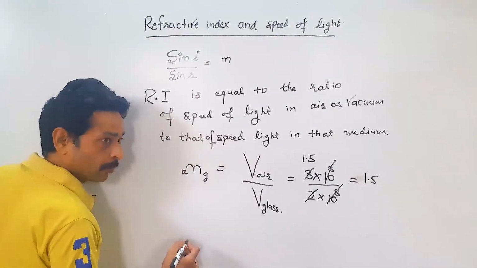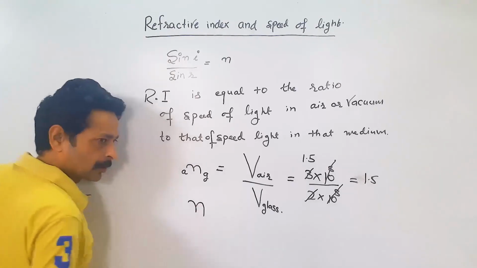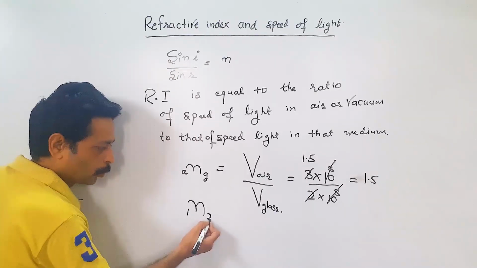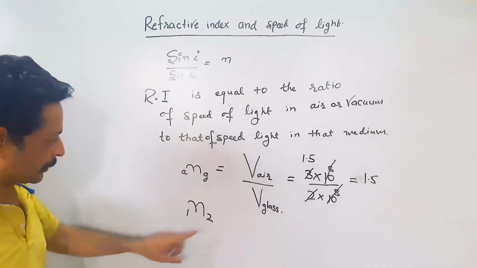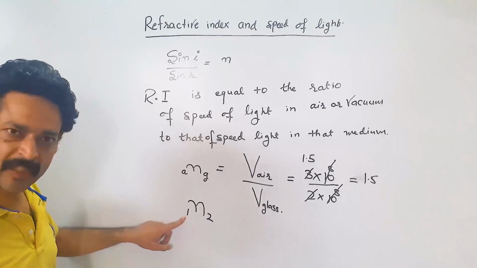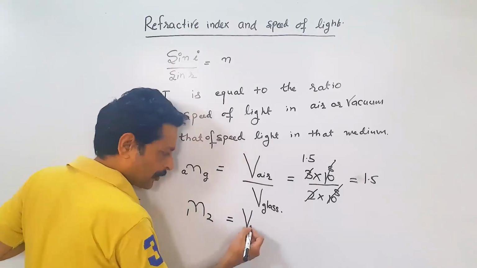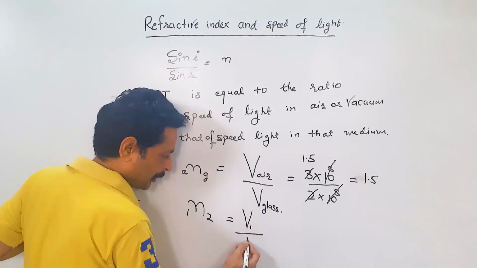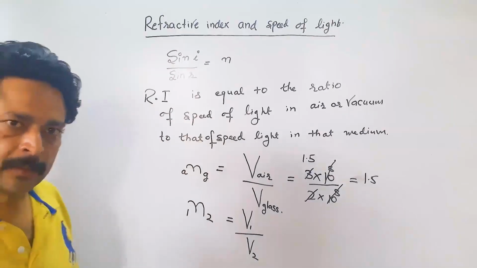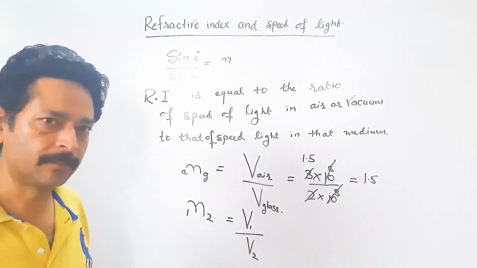If light goes from medium 1 to medium 2, then refractive index of second medium with respect to first medium will be equal to speed of light in first medium over speed of light in second medium. It is equal to the ratio of speed of light in the two media.